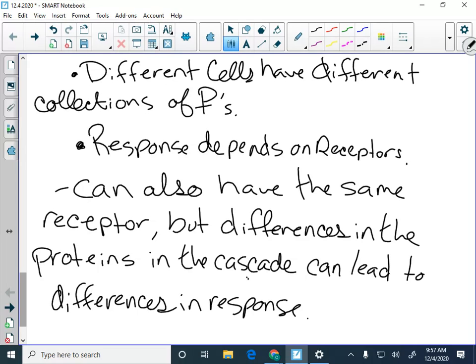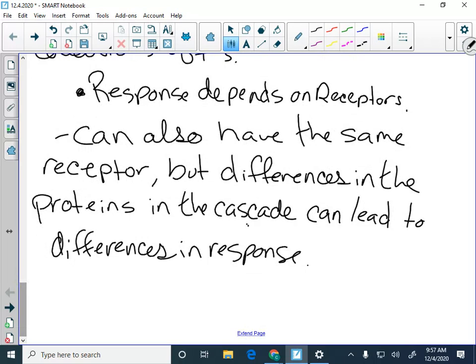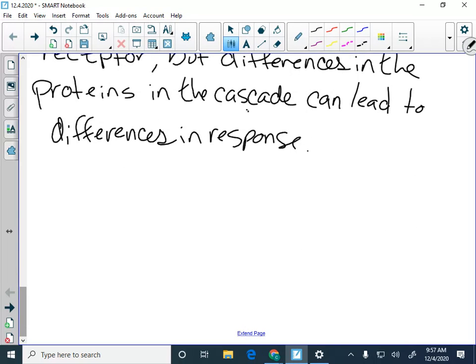But we could have a branch go from this pathway to this pathway and be like a safety backup trigger, just in case the second signaling molecule didn't happen, but we still need our cellular response. So branching and interactions between pathways are important to regulation and coordination of a cellular response.